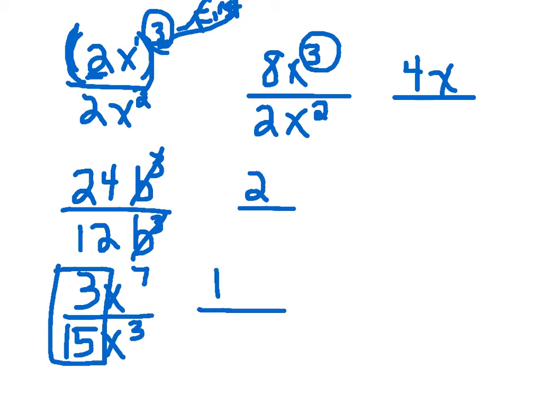I hope that you know that that's 1/3. I also have x to the 7th on the top, x to the 3rd on the bottom. 7 minus 3 is 4, so it's going to be x to the 4th. And it will be on the top because 7 is bigger than 3. All 3 of these cancel out with 3 of those, leaving the 4 x's multiplied together on the top.